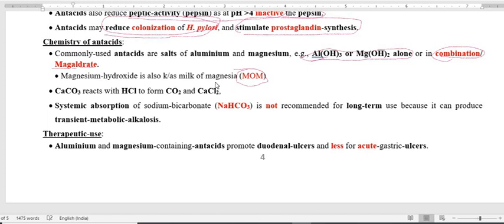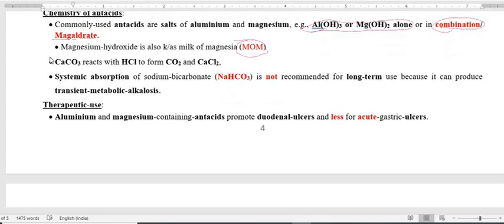because of its milk-like color. Now we also use calcium carbonate as an antacid, a chemical neutralizer, because it combines with the hydrochloric acid to form carbon dioxide and calcium chloride. And the systemic antacid is soda bicarb.